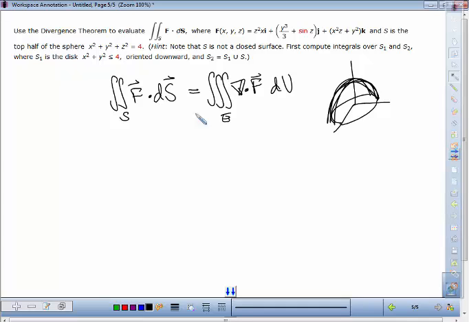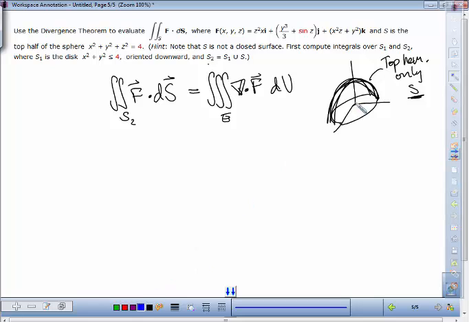Okay, I'm messing up their notation. Let me see if I can do their notation. S2. This should be S2. S2 is the combination of S. So let's say the top hemisphere only is S. That's the original flux integral that we want to compute.